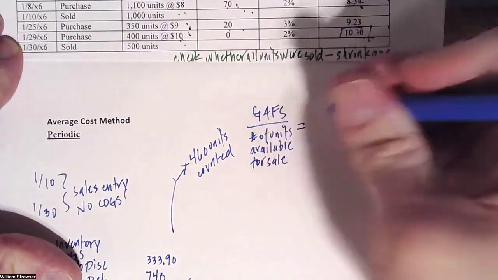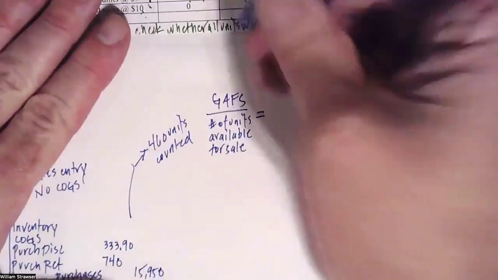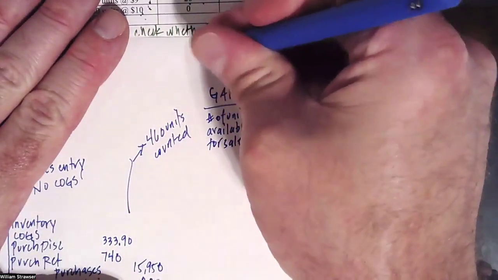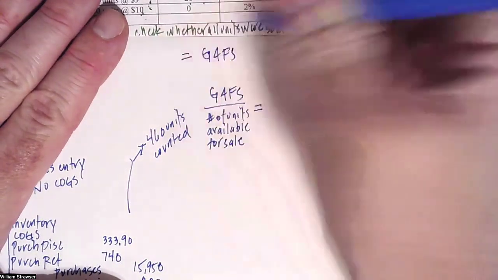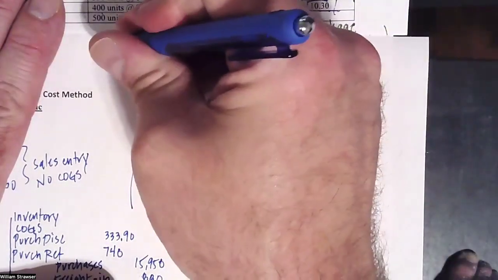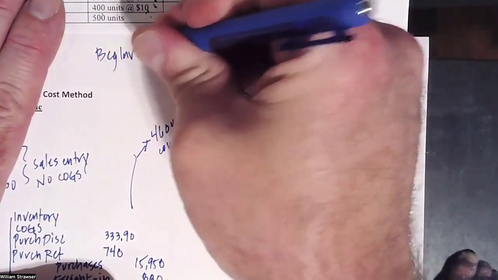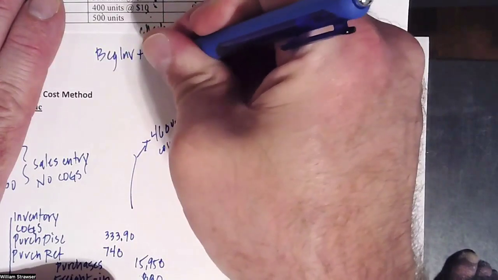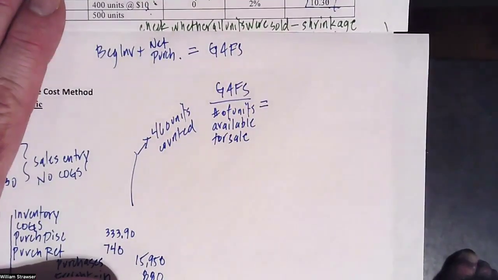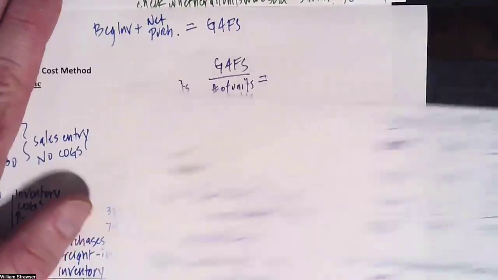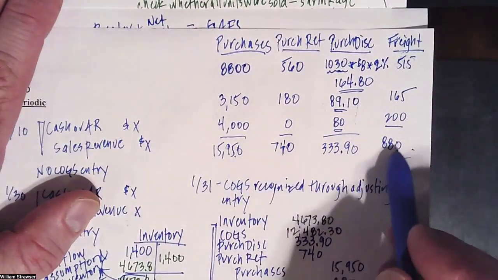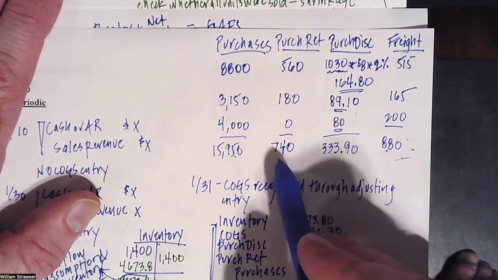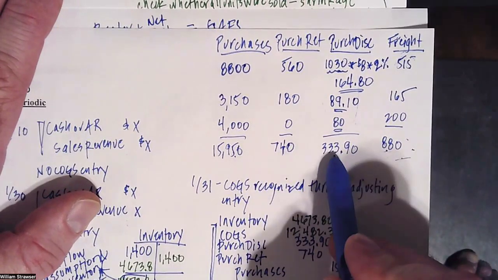Now, the goods available for sale helps with the inventory equation. GAFS is equal to my beginning inventory plus net purchases. And remember, net purchases is just going to be all of my adjunct accounts for the month, those two, subtract all of our contra assets for the month, those two.